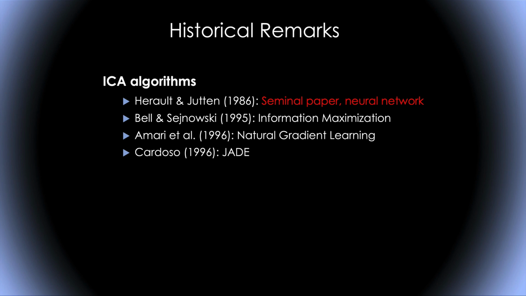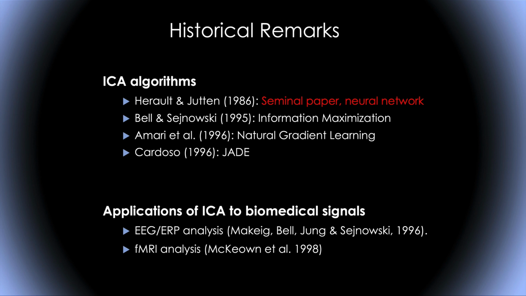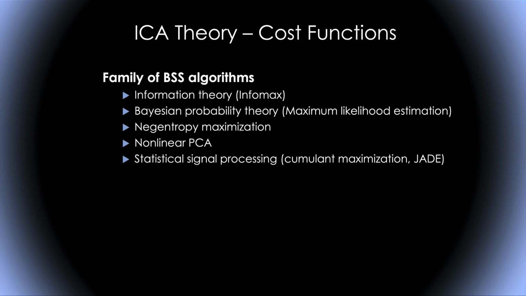And there were also other ICA algorithms developed, such as JADE by Jean-François Cardoso in 1996. Application of ICA to biomedical signals: the first application to electroencephalography data was by Makeig and collaborators in 1996, and to fMRI data by McKeown and collaborators in 1998.